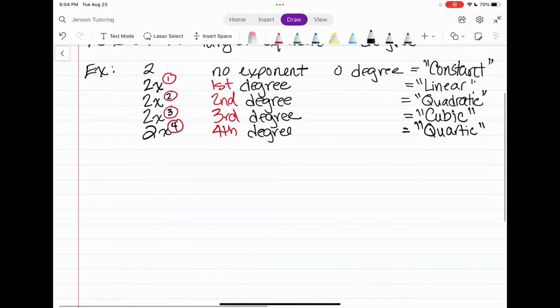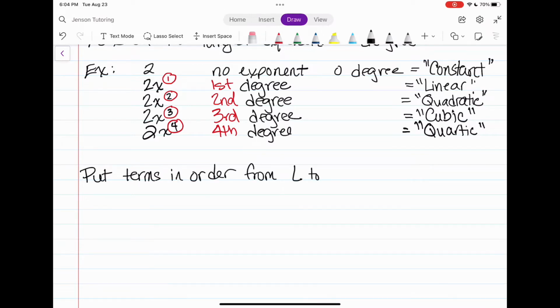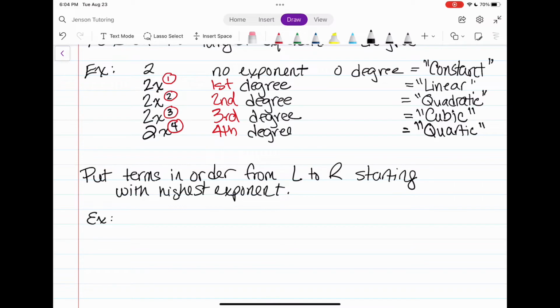So the important thing is, when you're given a problem, you want to remember to put all of your terms in the right order, and that order has to be from left to right, starting with the highest exponent. So you want your exponents to go in descending exponential order.